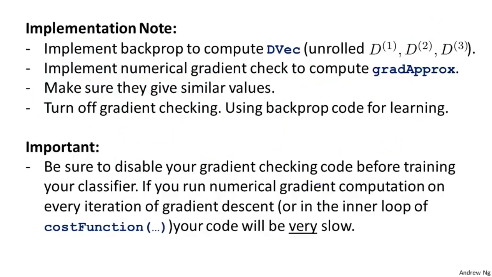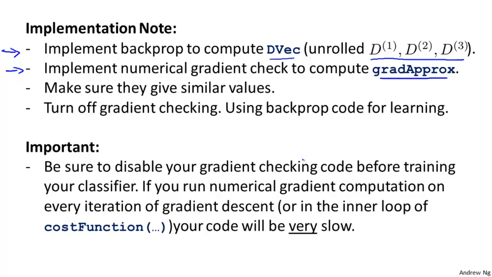Finally, I want to put everything together and tell you how to implement this numerical gradient checking. Here's what I usually do. First, I implement backpropagation to compute DVec. This is the procedure we talked about in the earlier video, which may be our unrolled version of these matrices. Then I implement numerical gradient checking to compute gradApprox, as described earlier in this video.